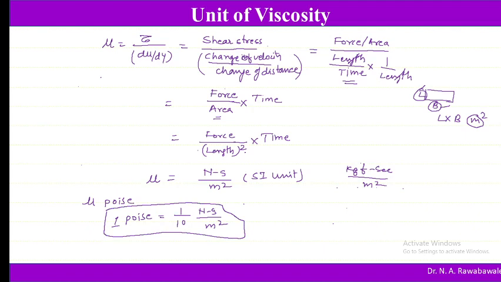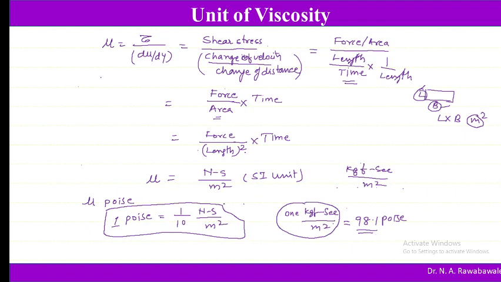And 1 kgf second per meter square is equal to 98.1 poise. This is given in MKS unit.